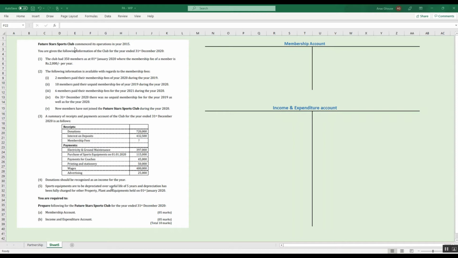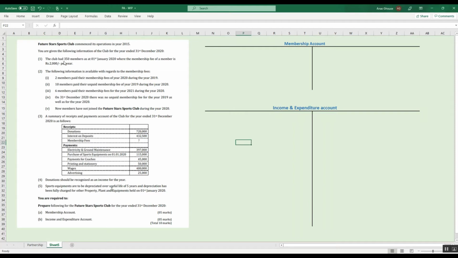Future Stars Sports Club commenced its operations in the year 2015. You are given the following information of the club for the year ended 31st December 2020. The club had 350 members on 1st January 2020, where the membership fee of a member is 2000 per year.